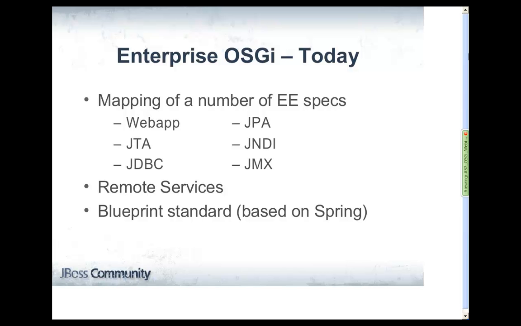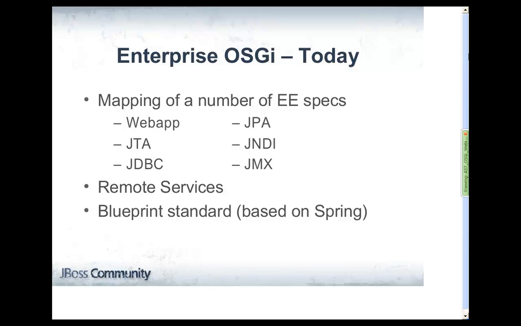In addition to the Java EE mappings, enterprise specs also contain two entirely new specifications. One of them is the remote services set of specs. There's actually 3 specs that belong to that group, and they define how the OSGi service model can be used for distributed computing as well.